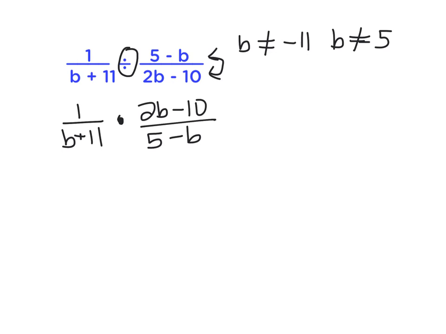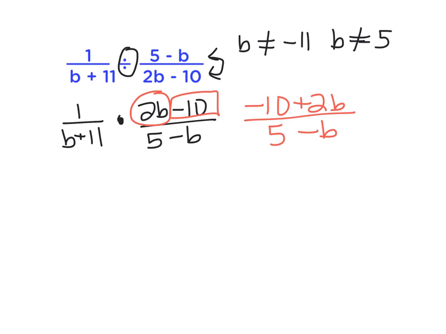So what that's going to look like is I've got a negative 10, and I've got a positive 2b over 5 minus b. So all I did was I just wanted to get them in the same order, top and bottom.